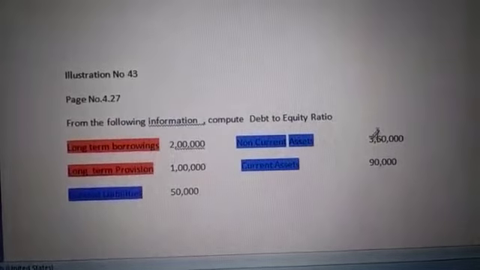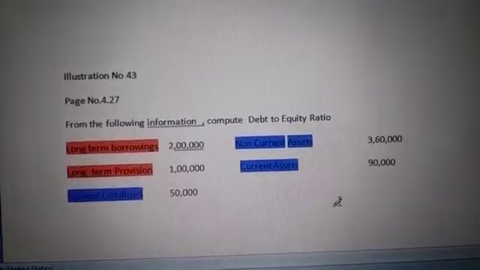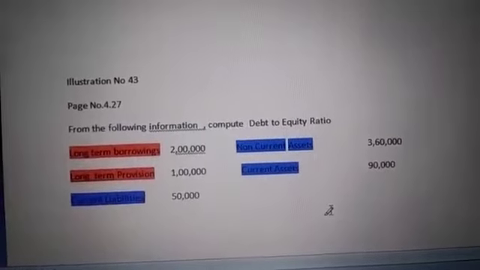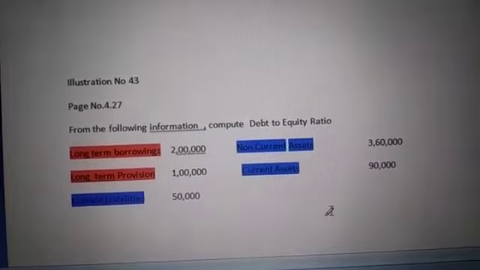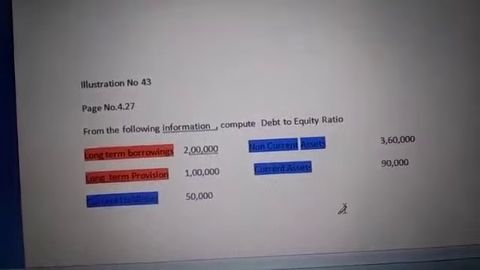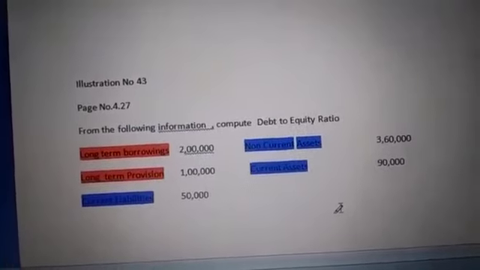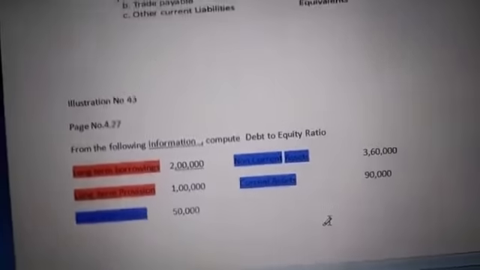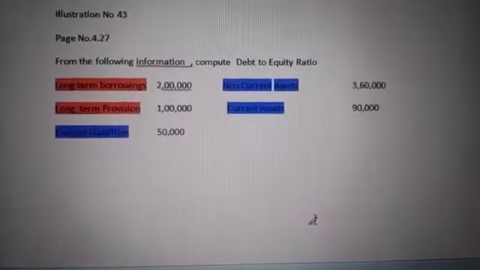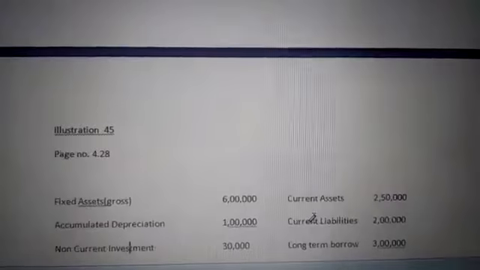So for getting it, we have to do 3,60,000 plus 90,000 minus 50,000. So how much equity comes? 4 lakh. So our debt equity ratio will be 3 lakh divided by 4 lakh. You can do it in this way. Simple.